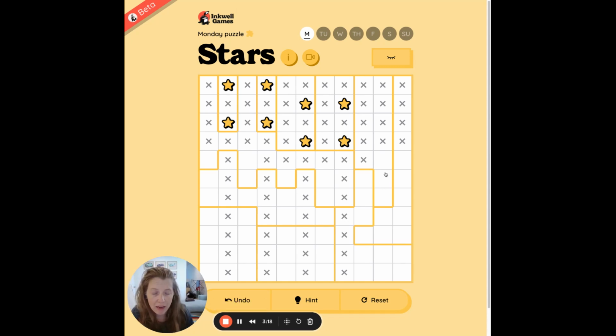We know that if we place a star in the center of that 3, we wouldn't have a spot for a second star. Therefore, we know this is an X. We put a star here and a star here. We'll cross out everything that those stars touch, even the diagonals. We'll notice that they're the 2 in that column. Let's drop that column down. And suddenly the board becomes very full and your options really become limited.